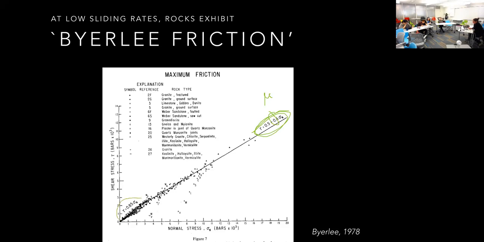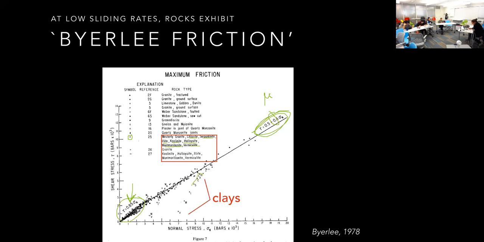One is where stresses are very low, the friction coefficient appears to be higher. And then the other one is that the little tiny X symbols here are for experiments with sheet silicate minerals: chlorite, serpentine, illite, kaolinite, montmorillonite, vermiculite.